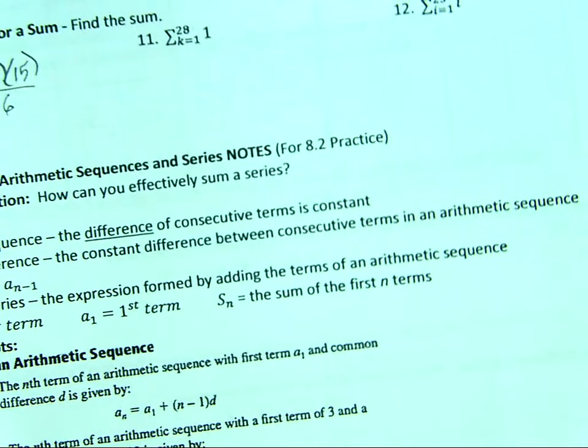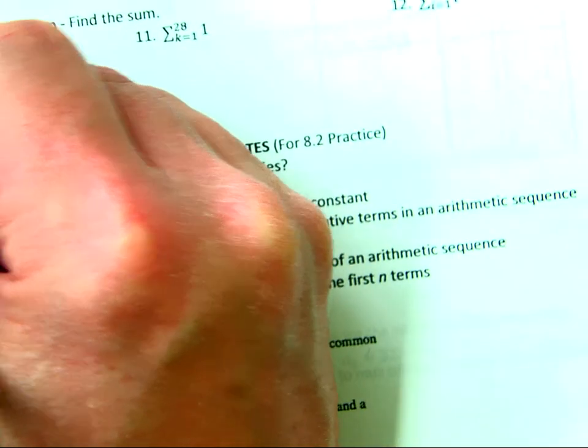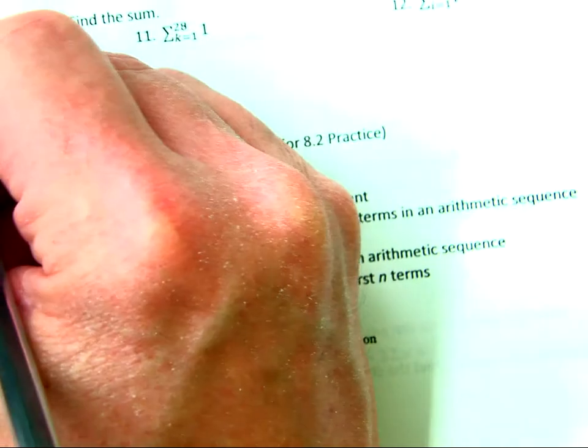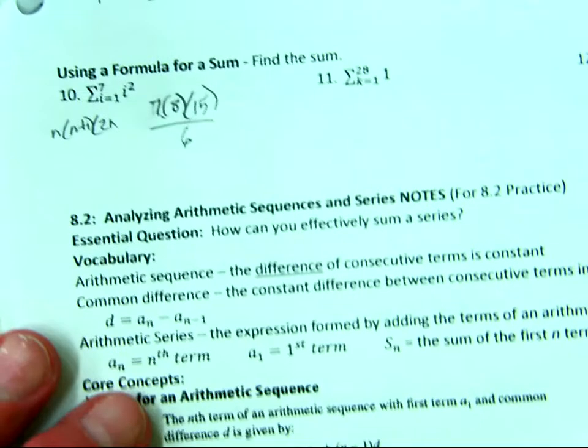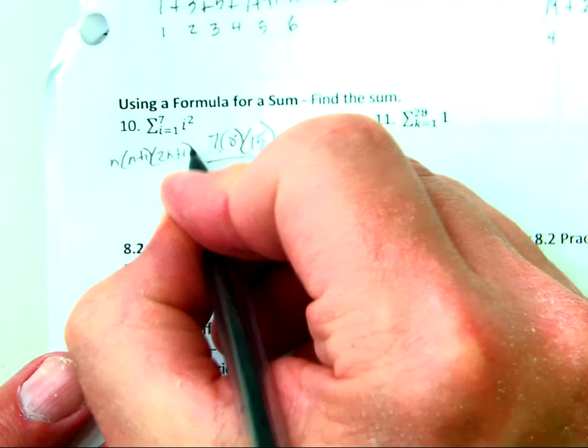So we got all that from that formula. Again, that was n times n plus 1 times 2n plus 1 all over 6.